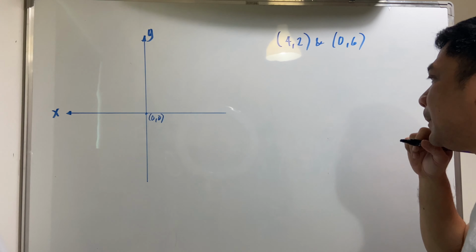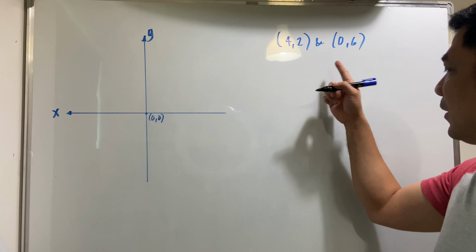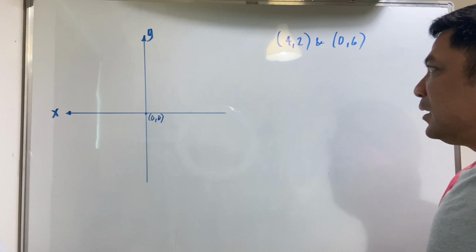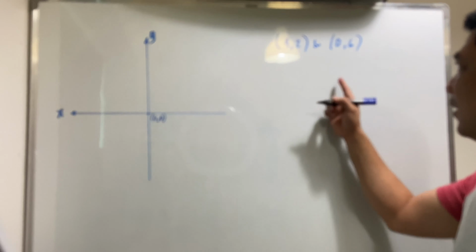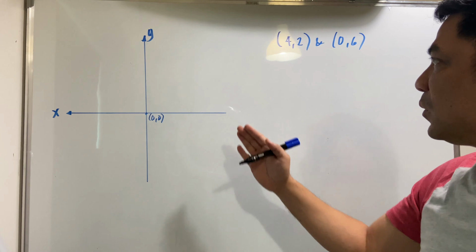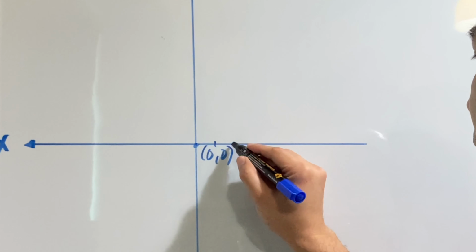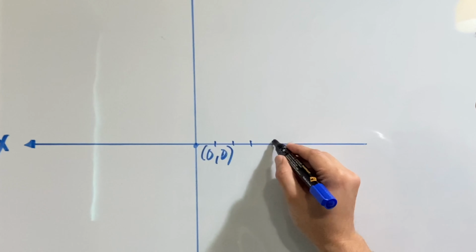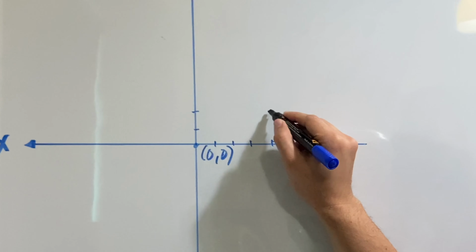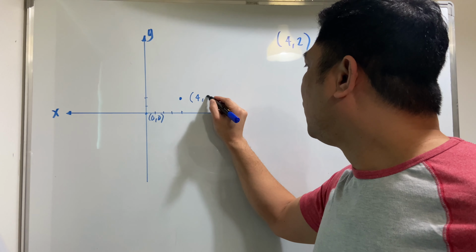If you try to locate these on our Cartesian plane, say for example (4, 2) is in the first quadrant, which is positive, positive. You have 1, 2, 3, 4. These are not drawn to scale, just estimation. So this point is (4, 2).